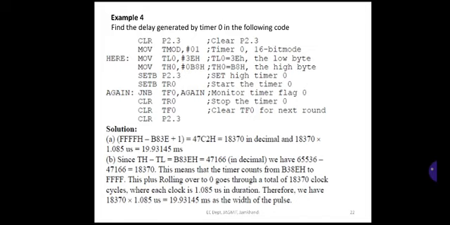The value is 47C2H. When you convert this value into decimal, it is 18,370. This number must be multiplied with 1.085 microseconds. So when you do this, you get 19.93145 milliseconds.